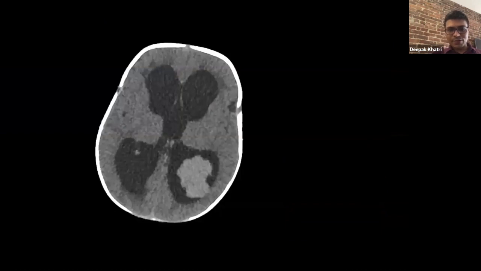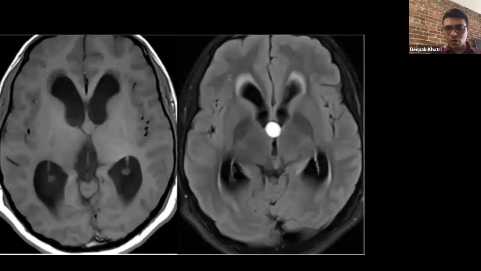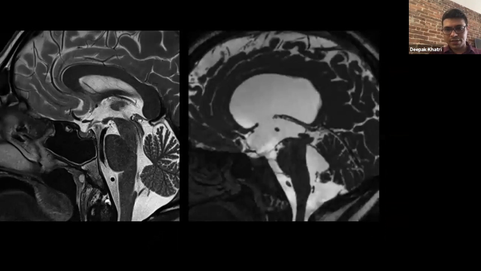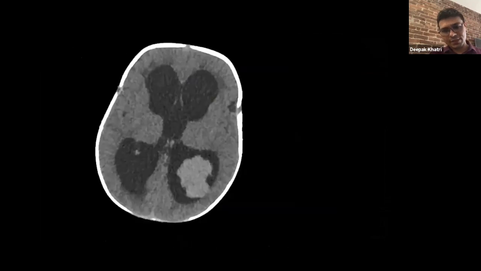So coming back to this picture, this is a CT axial scan. I put this picture basically to show you, I've shown you different pathologies related to the obstruction. We have discussed all the obstructive pathologies here. Remember the first image I told you about, there are certain tumors of the choroid plexus, which produce more CSF, and then they can cause hydrocephalus.